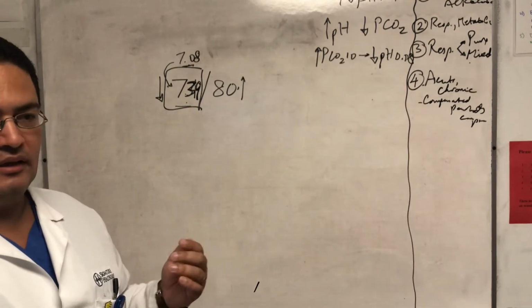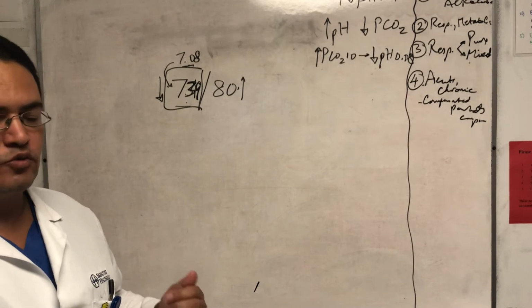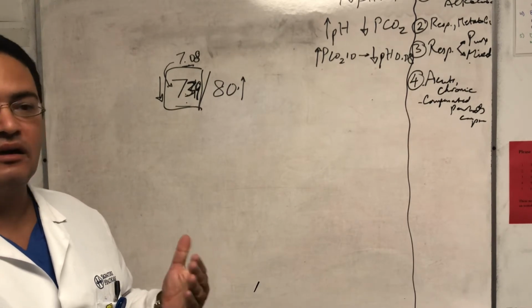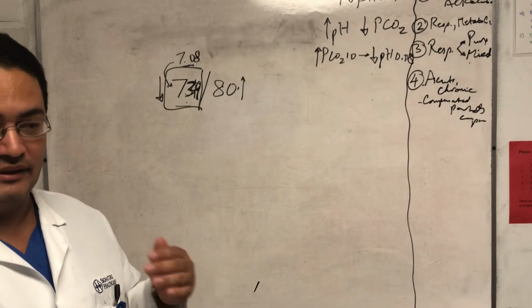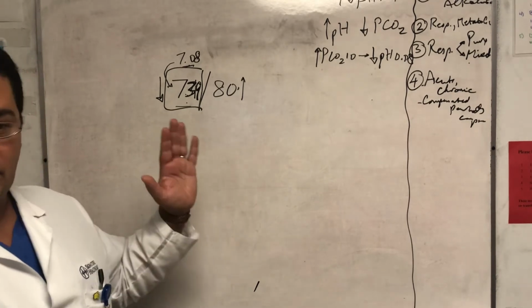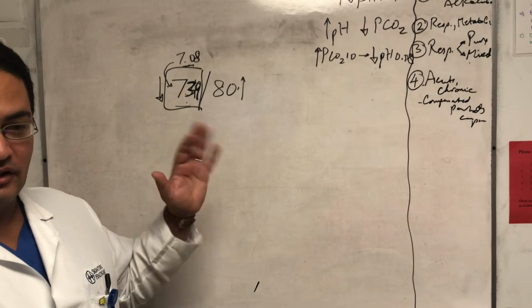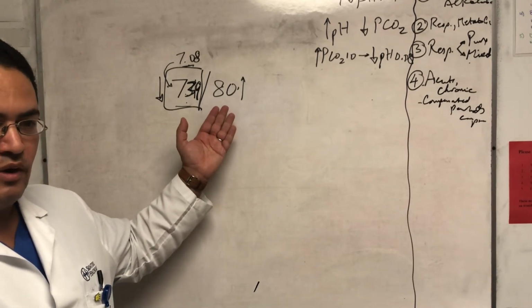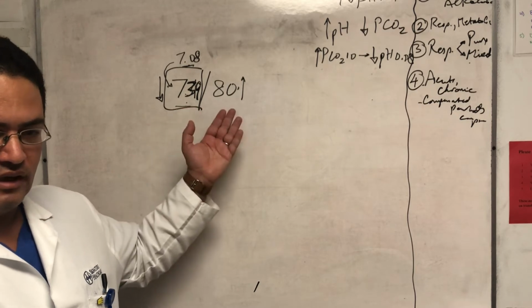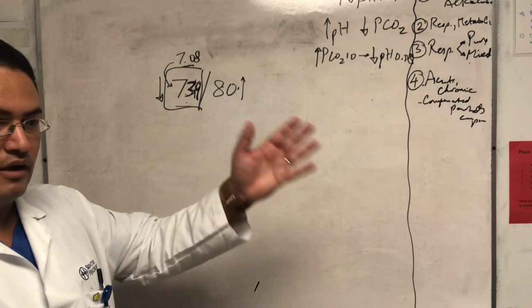Anybody tells me that the PCO2 is what puts the people to sleep, I just end the conversation, because that is a low-level conversation. I'm not getting into it. It's ridiculous. I'm just going to give you that explanation once and for all. Patients who have 7.39 and 80, they're awake. They're walking around in the community.